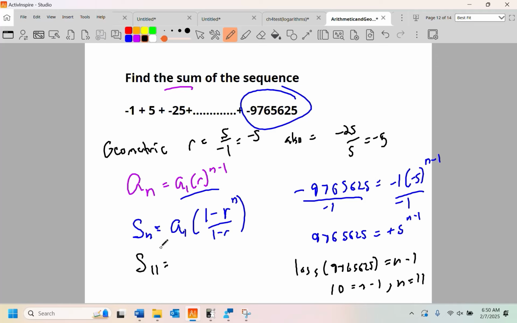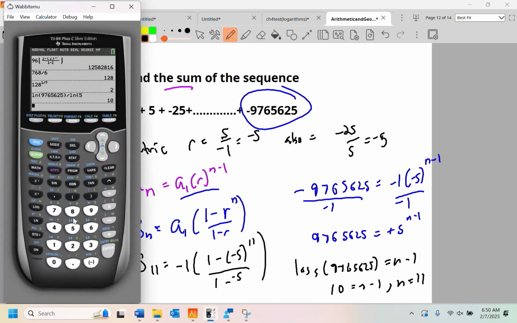The sum of 11 things is the first thing, which is negative 1, times 1 minus the ratio, which was negative 5, and it needs to be wrapped right here to the 11th power over 1 minus a negative 5. And then I can go to my trusty TI-84 and push the buttons and I'll get an answer. So negative 1, parentheses, math, num, n over d, 1 minus parentheses, negative 5.